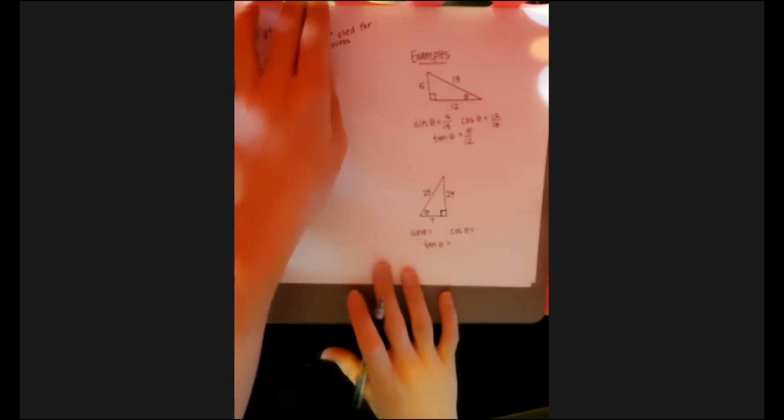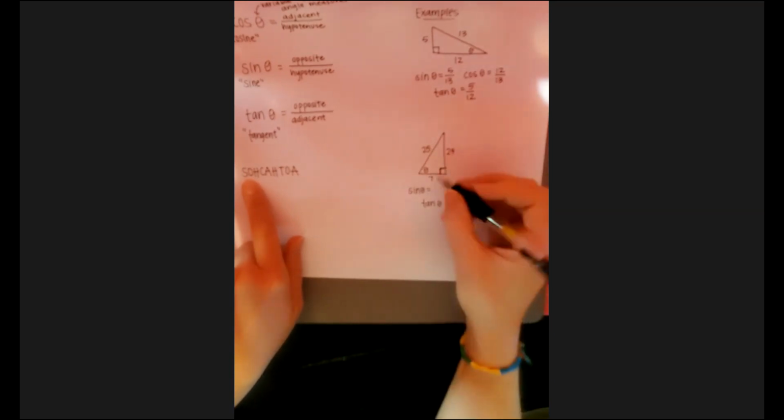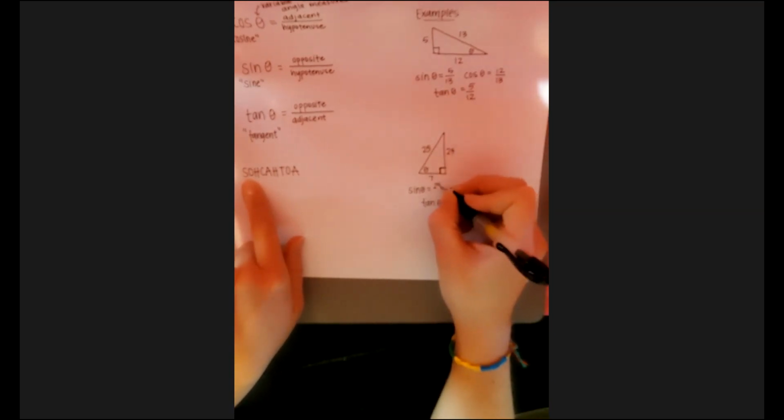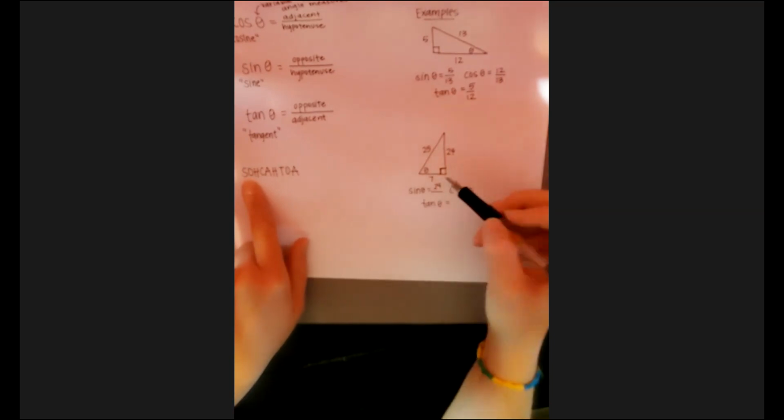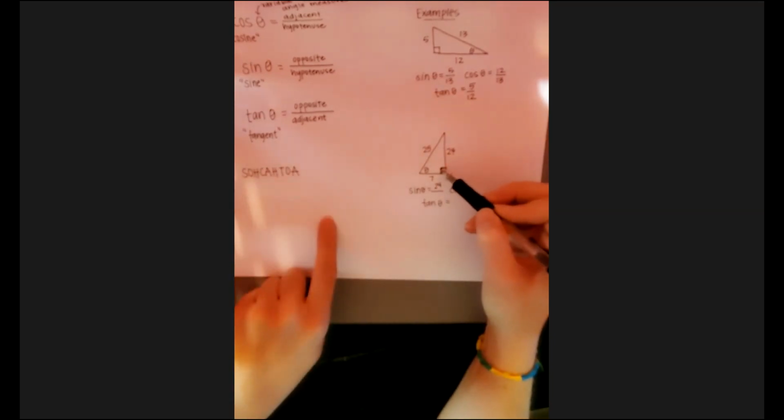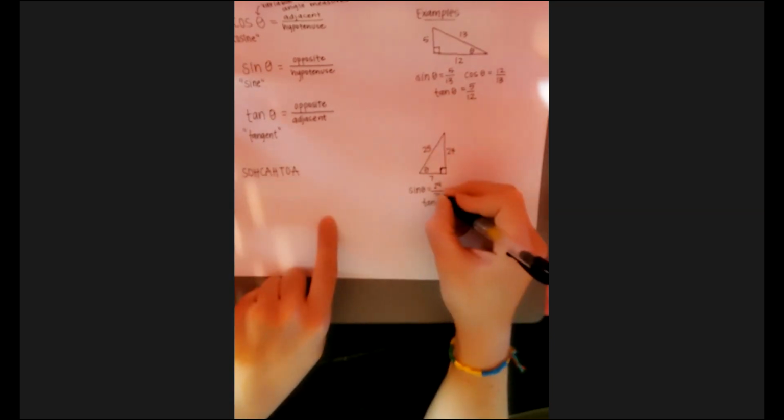One more example down here. In this particular triangle, the sine of angle theta is opposite over hypotenuse. From theta, the opposite is 24, over the hypotenuse, which the right angle symbol points to, so that's 25.